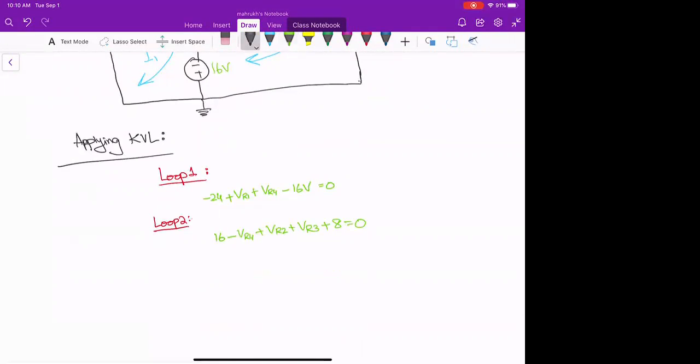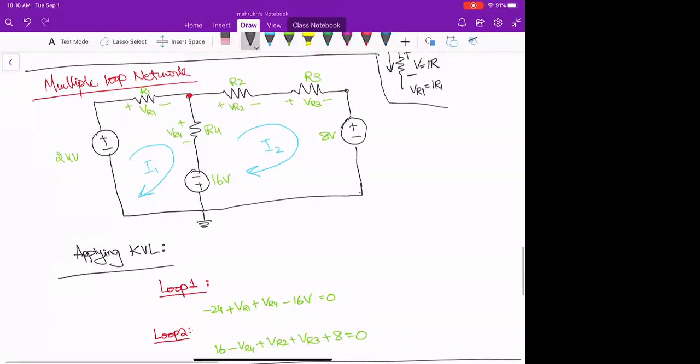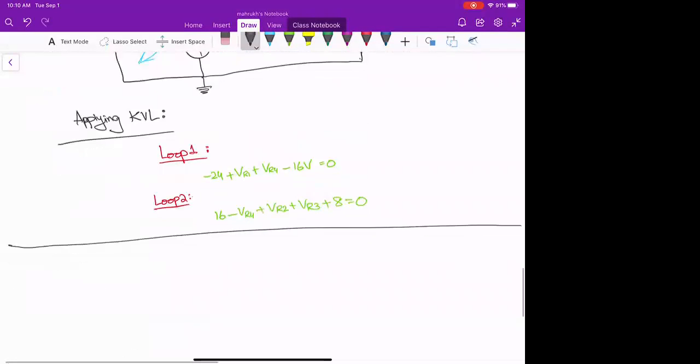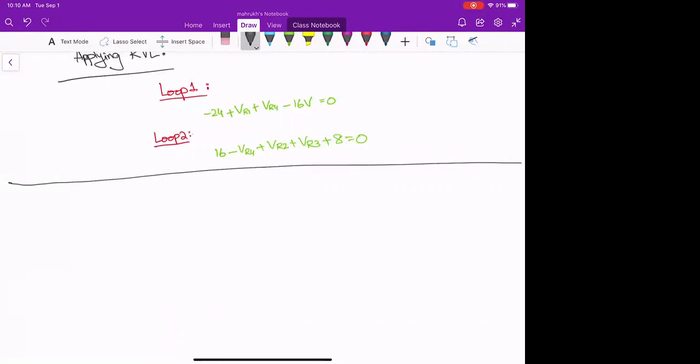Okay. So we will not discuss multiple loops till we reach some difficulty, or we will not try to solve it. This is just to give you an idea of how we should be able to write the equation in complex formats as well. So let's try to solve another question.